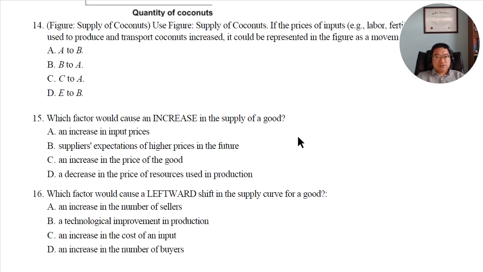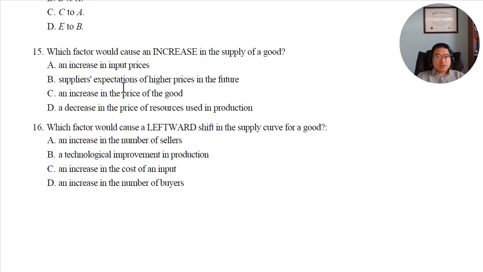Let's look at question 15. Which factor would cause an increase in the supply of a good? Increase in the supply. We just talked about how an increase in the input prices will decrease the supply. So choice A is obviously not what we are looking for.